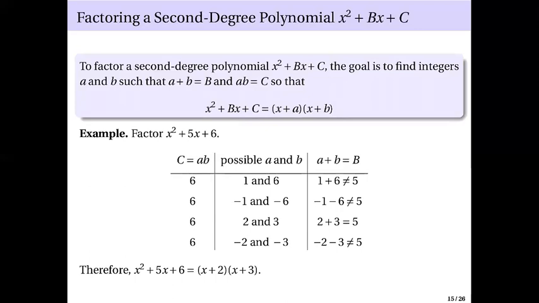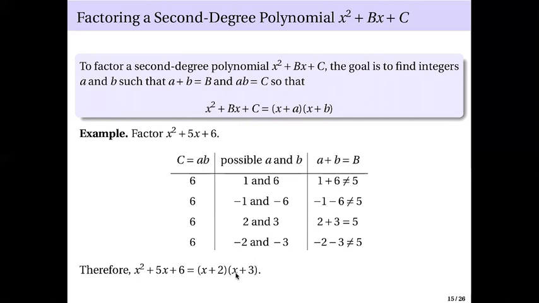So again, you start with the constant term, that's your capital C. You check possible factors of that capital C, and then you add those factors. The ones that satisfy this capital B are the numbers that we need.